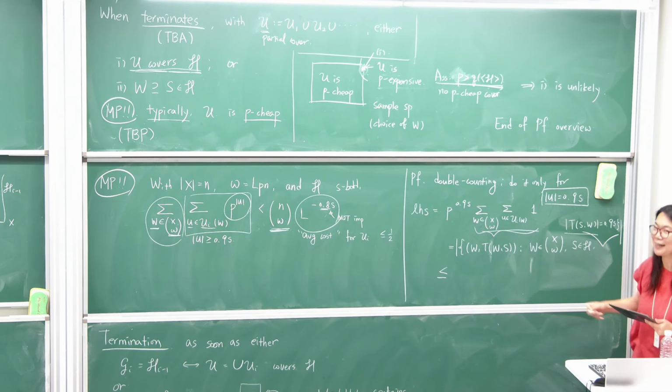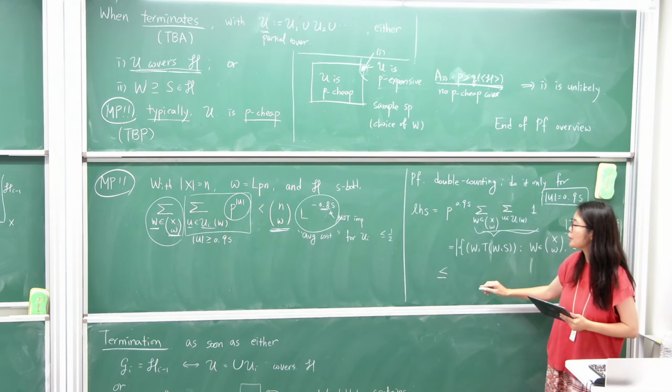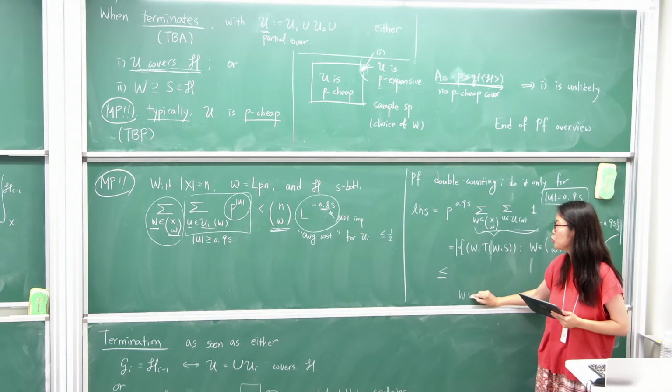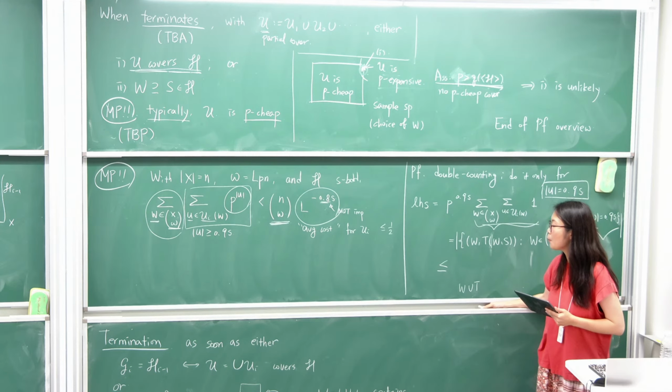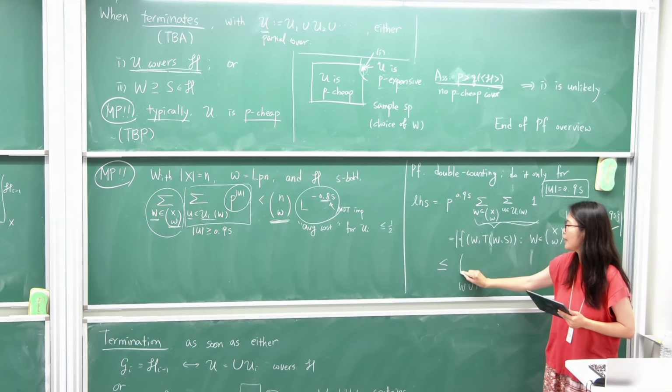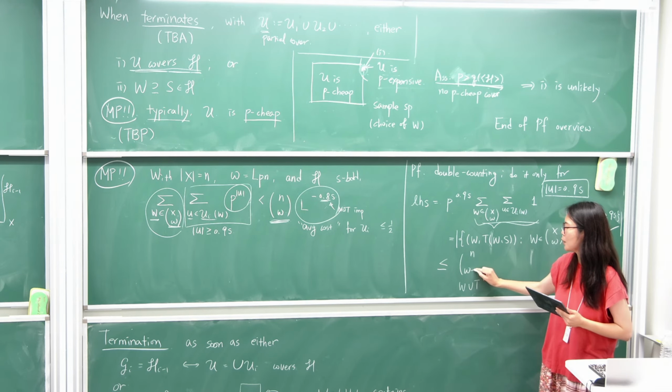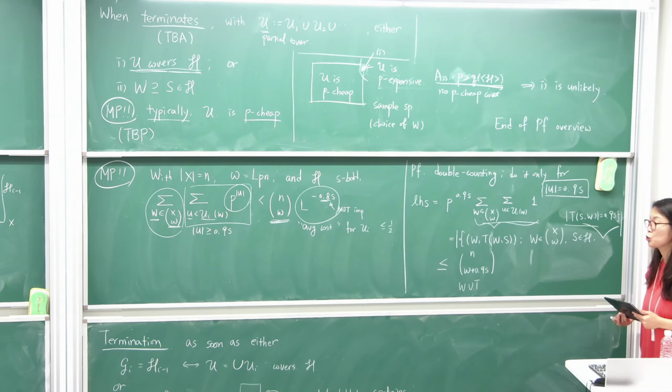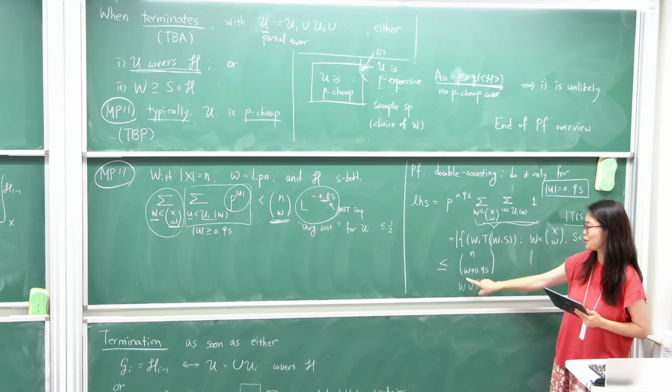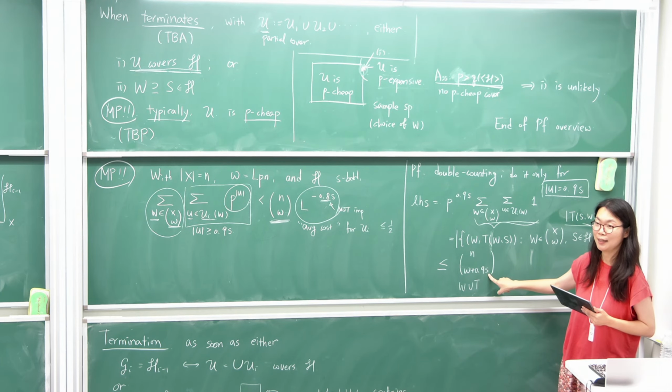So, three lines. The final step is, in choosing this pair, we first choose W union T. The number of choices for this is n choose W plus 0.9s, because W union T has size W plus 0.9s.